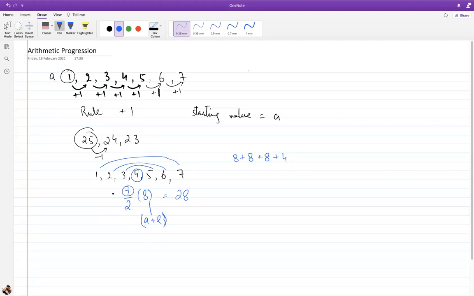And 7 is the number of terms that we are looking for, and half of that is how many pairs we have. And there you go. That is how you add all the numbers in an arithmetic progression. What's an arithmetic progression? When the rule is that you either add or subtract to get the next term.